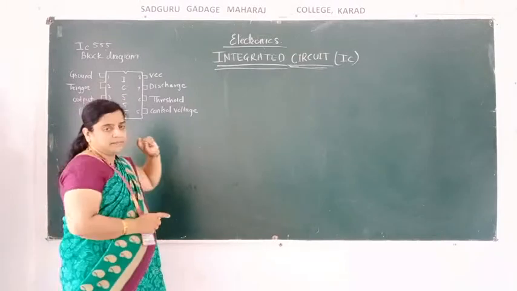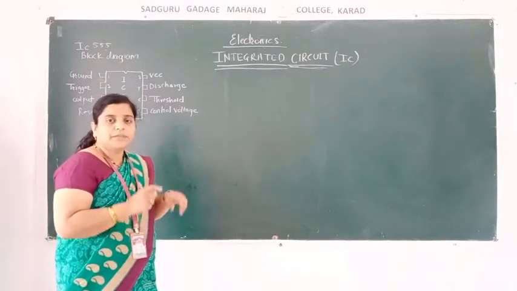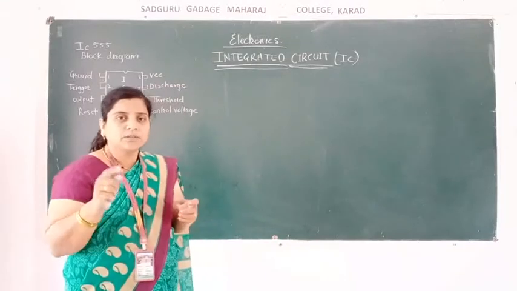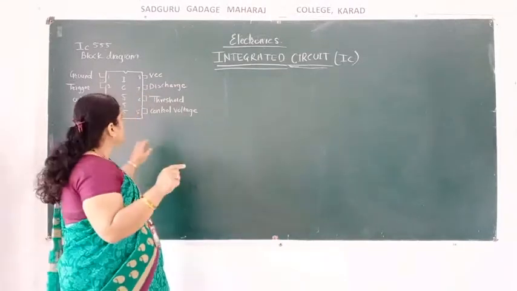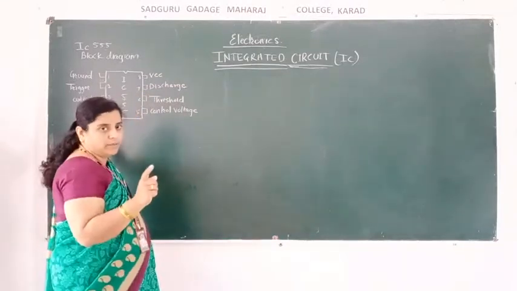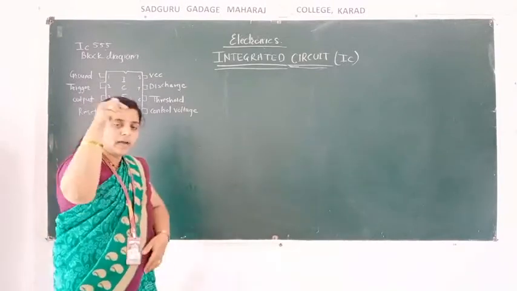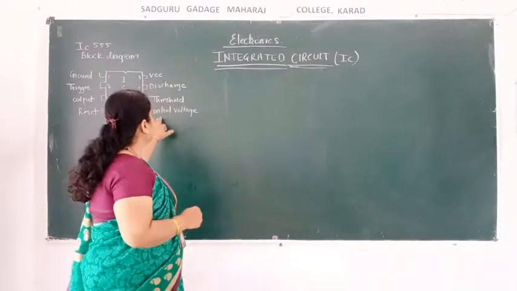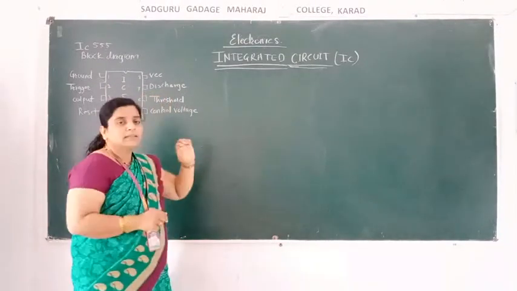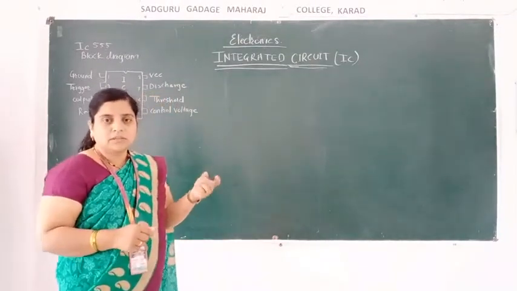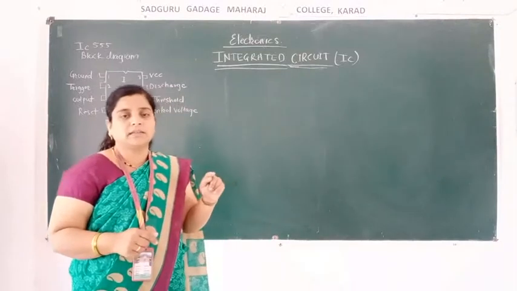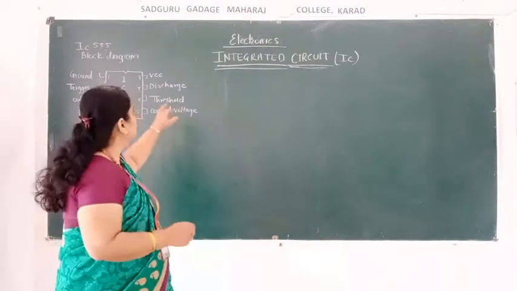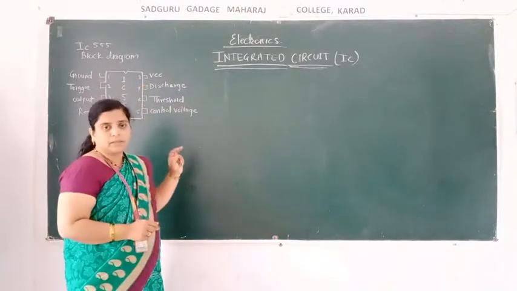If you want to reset the circuit using that IC, you have to give the reset at pin 4 only. If you apply the positive VCC supply to pin number 7, then the IC will not work. You have to give the +5 V VCC supply to pin number 8 only.